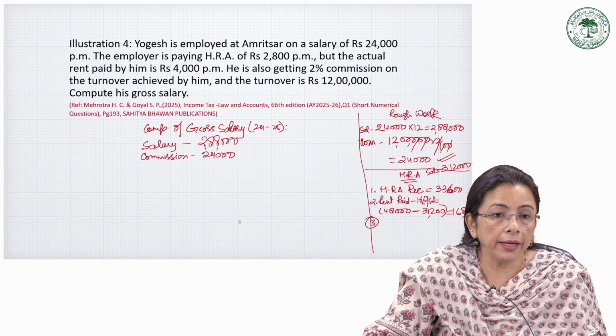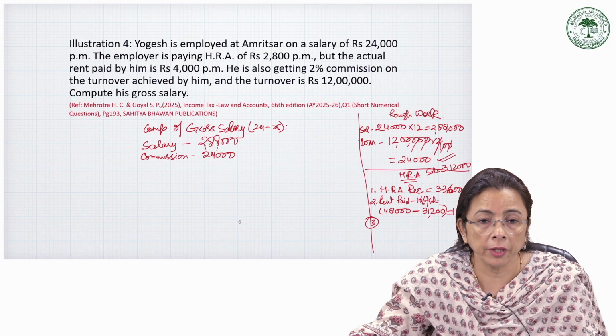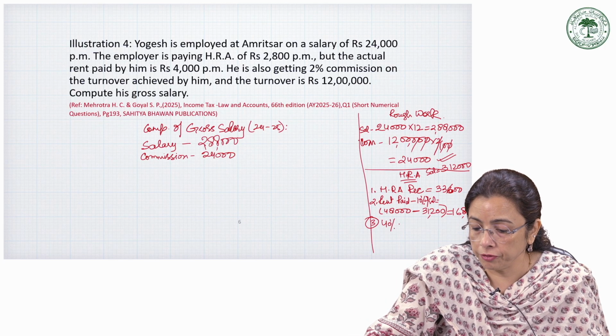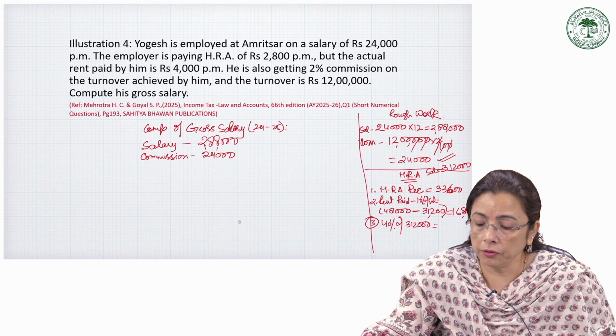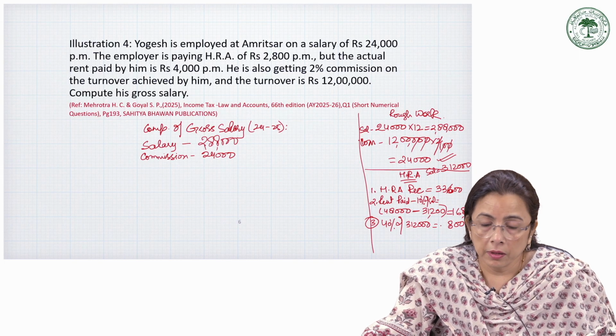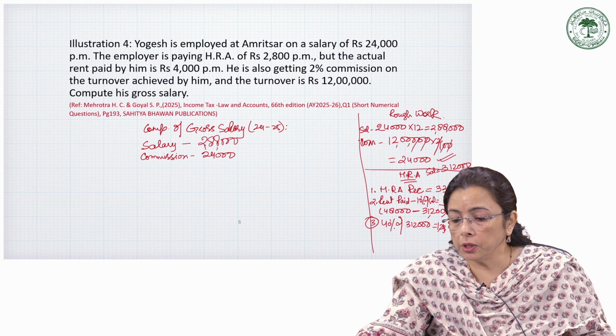Third, Yogesh is living in Amritsar, so it's a non-metropolitan city. So we will say that 40% of 3,12,000 will be 1,24,800.